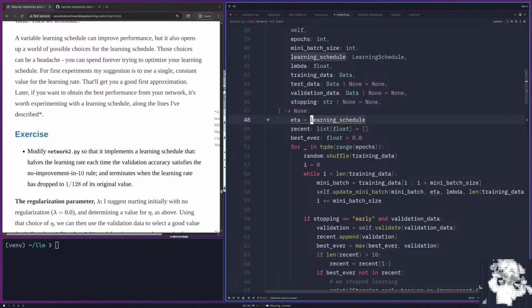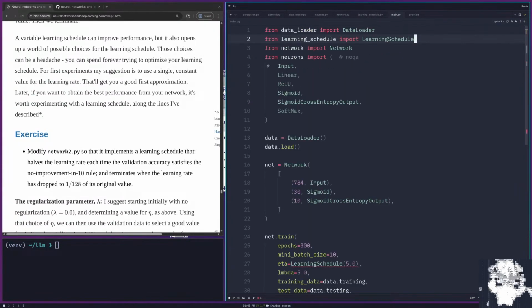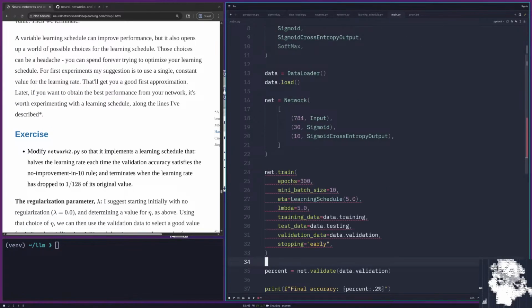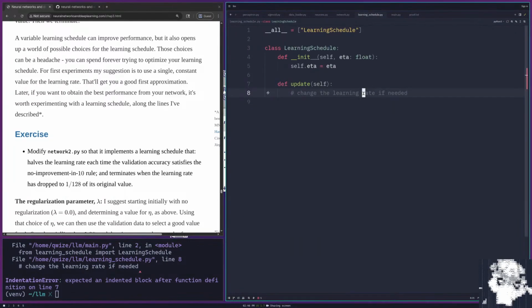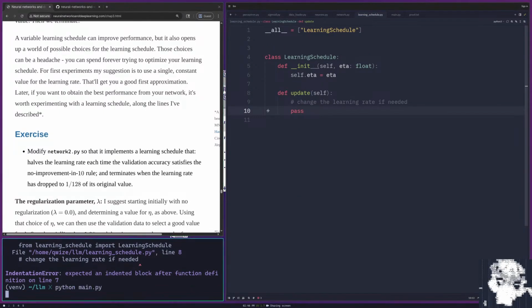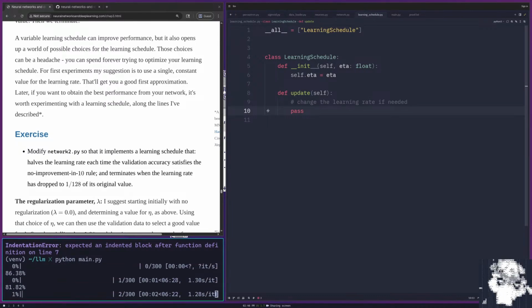We'll hit this with eta equals learning schedule.eta, which means this should still work even though learning schedule doesn't do anything right now. Pass for now. Okay, it still works.